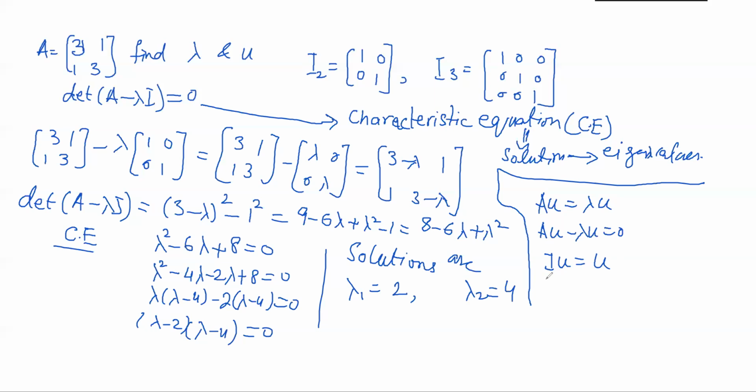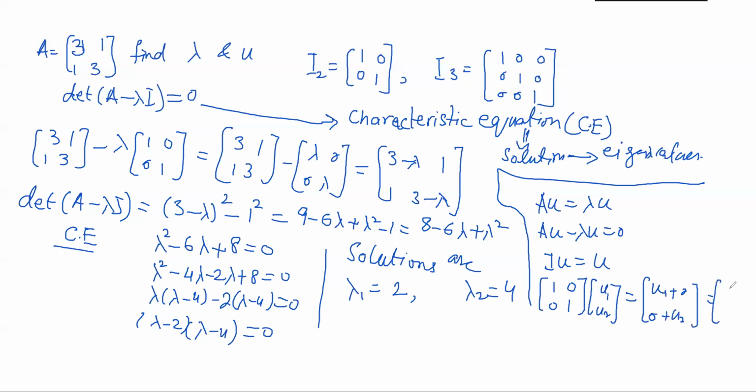For example, if I is an identity matrix 1 0 0 1, and U is a matrix like U1, U2, if we multiply it, then what will we get? U1 plus 0, and then 0 plus U2.